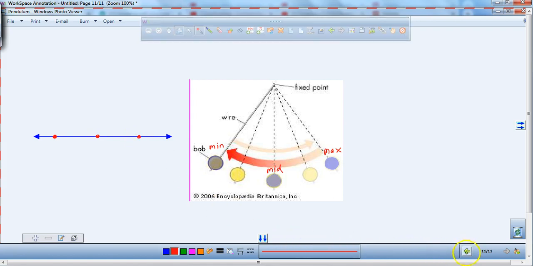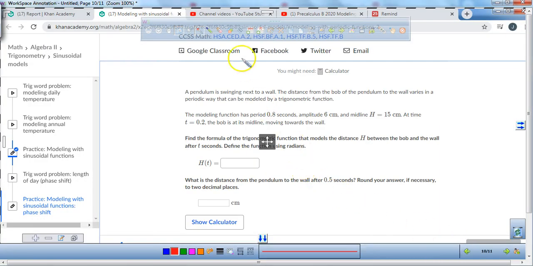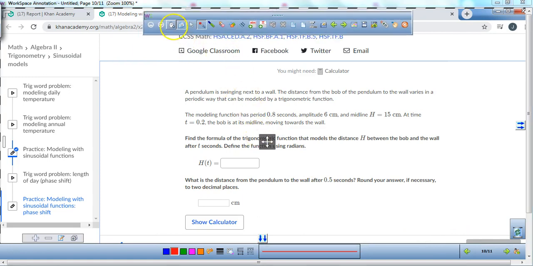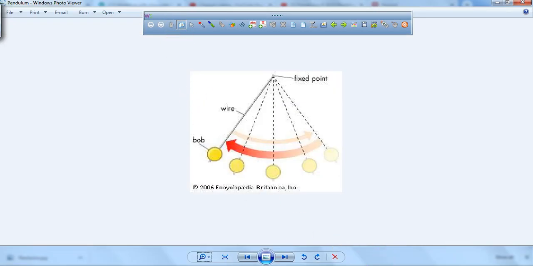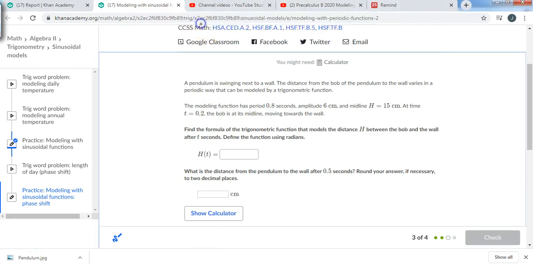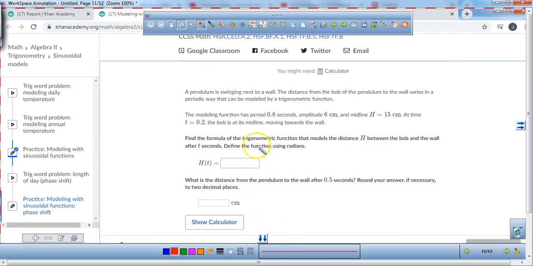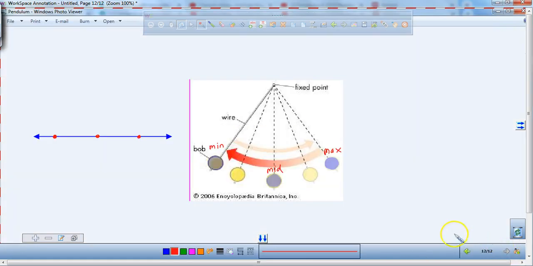Now let's go back and take a look at the question. It says right here, hold on, let me go back. All right, so here we go. It says that the bob is actually moving towards the wall, even though it's at the midline at point 2, 15. All right, so it's going towards the wall.